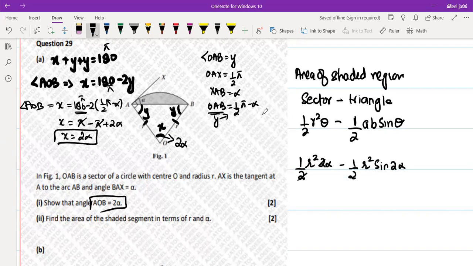The 2 and 2 cancel, so r square alpha minus half r square sine 2 alpha is the answer for part 2, because the question says find the area in terms of r and alpha.